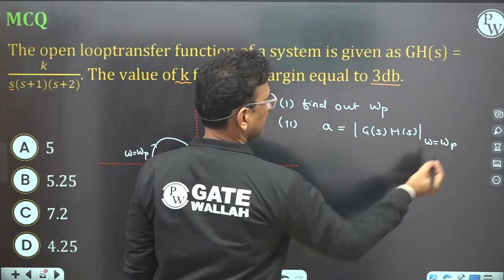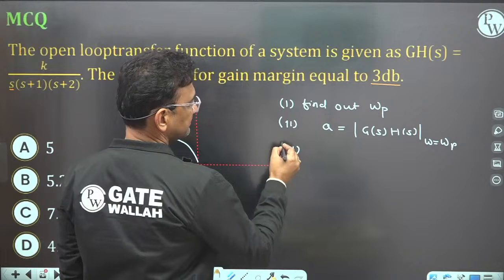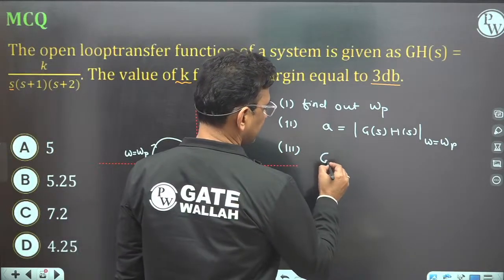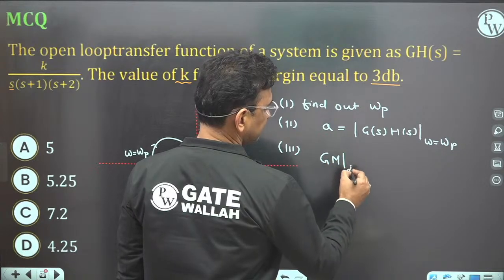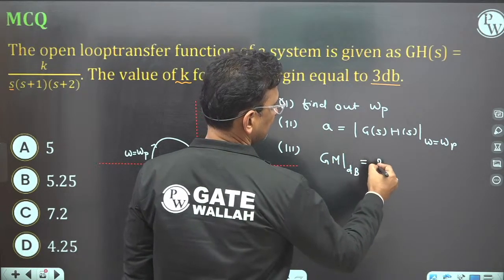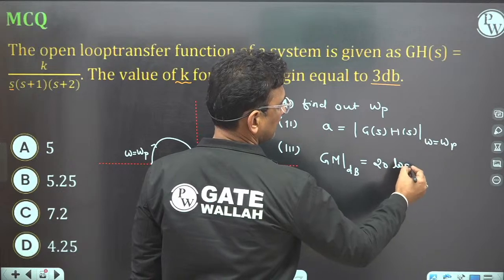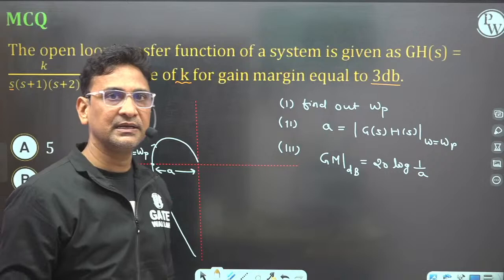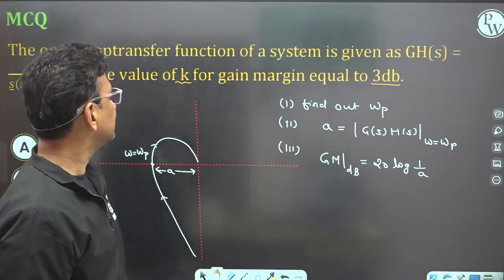And what is the third step? The third step is that the inverse of A is the gain margin. But if you have to find the gain margin in decibel, it will be 20 log 1 upon A, or you can say it is minus 20 log A. Clear?